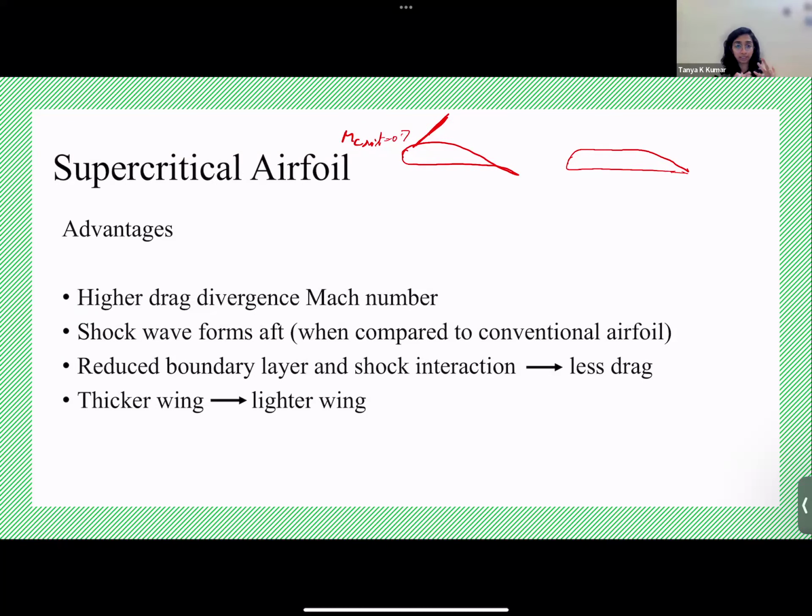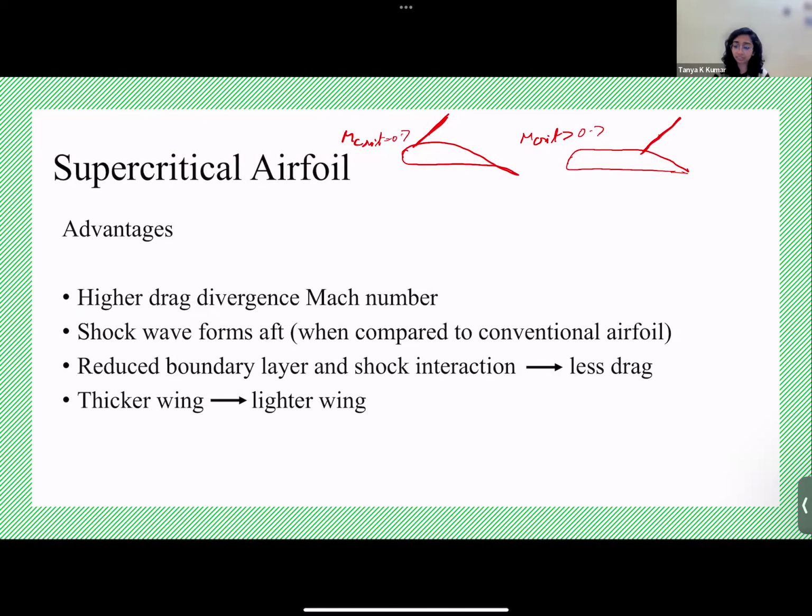If the same airfoil is replaced with a supercritical airfoil, this M critical is increased, so maybe here M critical is greater than 0.7. And when the shock wave is formed, it forms aft, not at the beginning of the airfoil, because of the flat surface. So a supercritical airfoil also gives you a higher drag divergence Mach number.